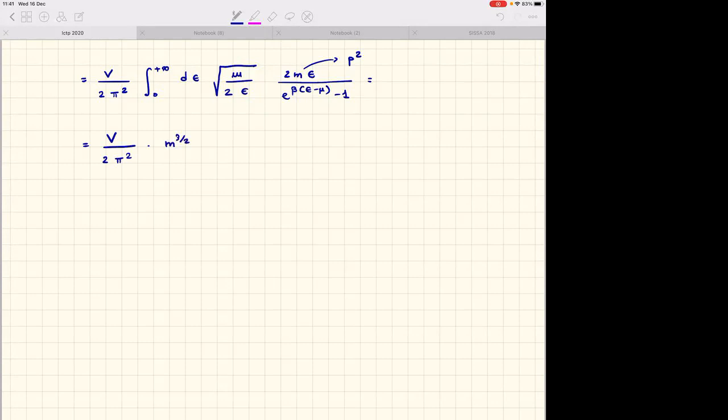I have a square root of 2, and then integral between 0 and plus infinity d epsilon square root of epsilon times 1 over e to the beta epsilon minus mu minus 1. Okay?